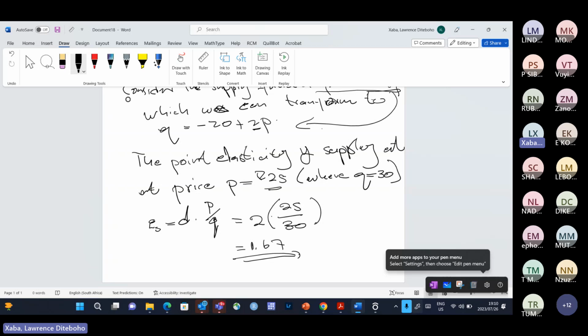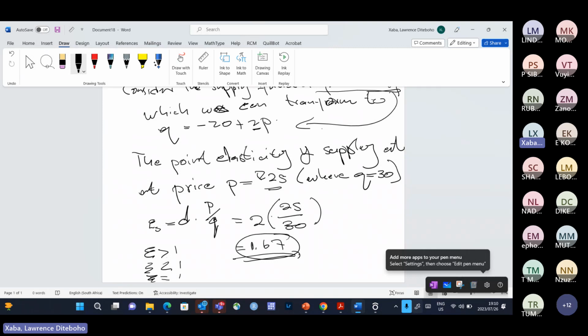After finding the value, we have to conclude: is this elastic, inelastic, or unit elastic? Looking at the value, it is positive and greater than 1. Elasticity less than 1 is inelastic. The last one is unit elasticity, which equals 1. So looking at the value, it falls here.